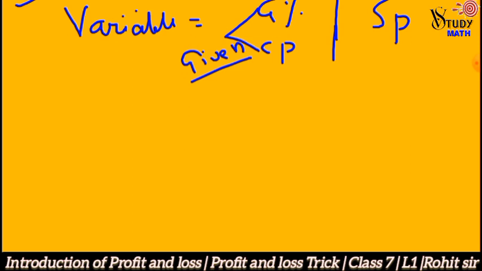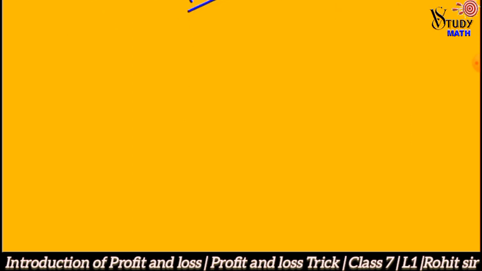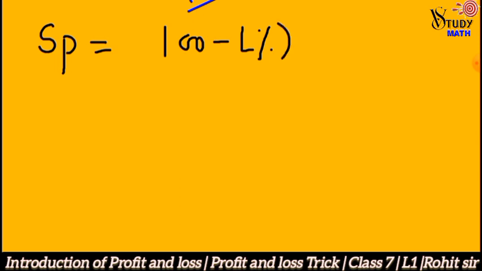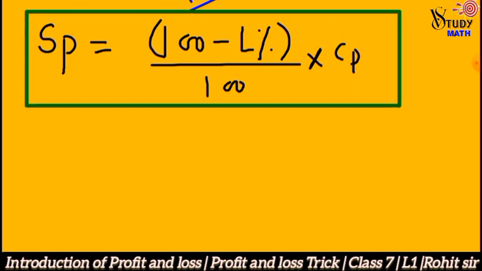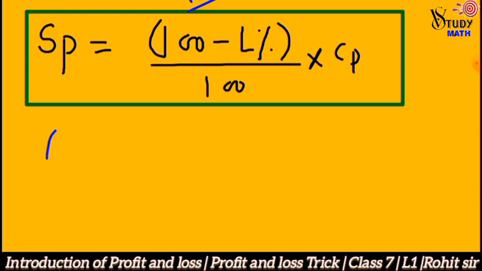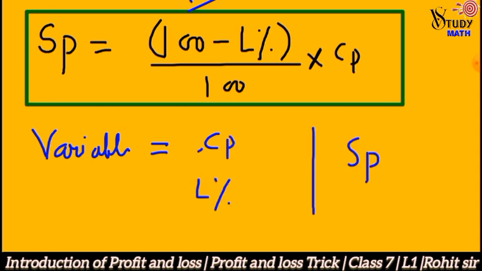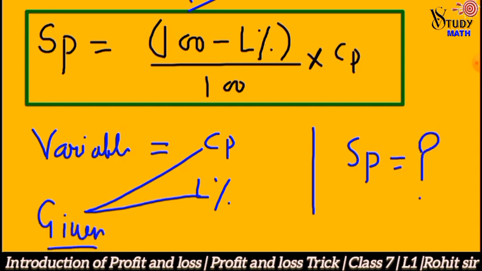Now comes to the next formula of SP, that is (100 minus loss percent) upon 100 multiply CP. This is the second formula of SP, and here the variables are CP, loss percent, and SP. If CP and loss percent are given and we have to find SP, then we are going to apply this formula and solve our problems.